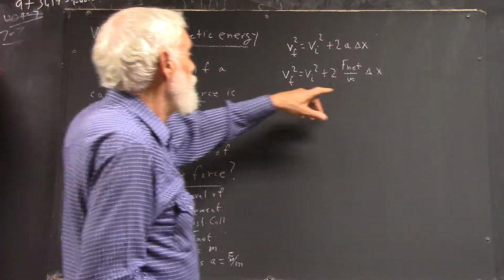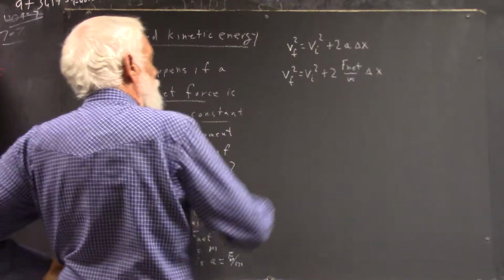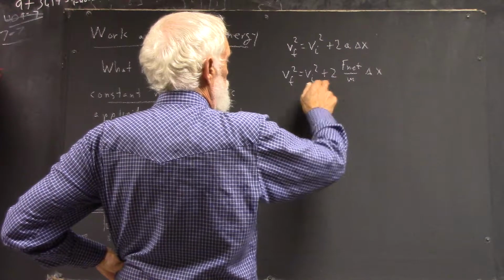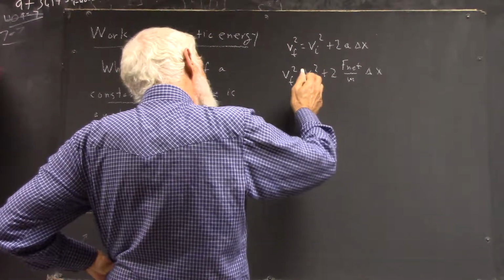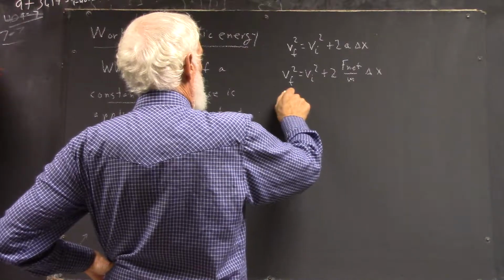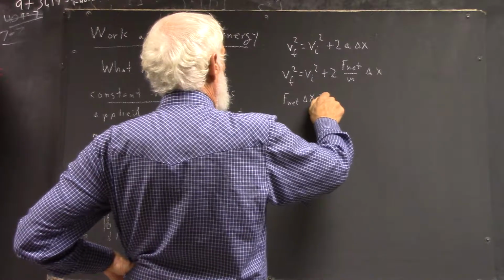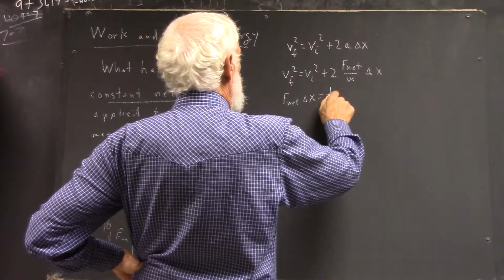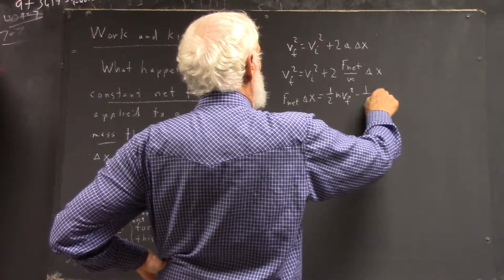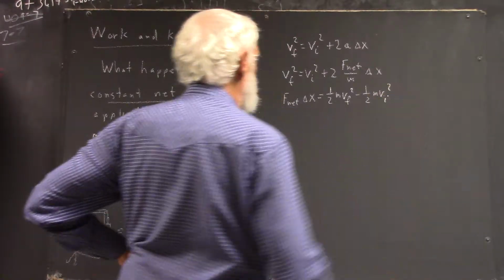Now, if we multiply both sides by m and divide by 2 and subtract vi squared from both sides before we do that, we get F net delta x equals 1/2 m vf squared minus 1/2 m vi squared.